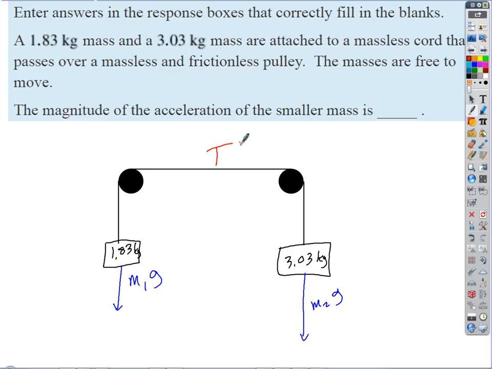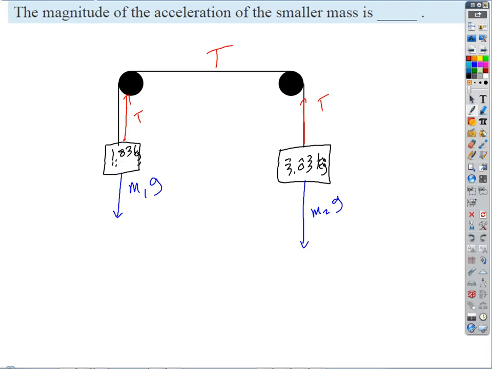So would everybody agree that the tension in this situation is going to be the same every place? So if I look at each of these two objects, in this case I've got some tension pulling upward, and in this case I've got some tension pulling upward. Everybody agree? Okay, so if I want to write these two free body diagrams separately, look what we get. Let's take this one over here.